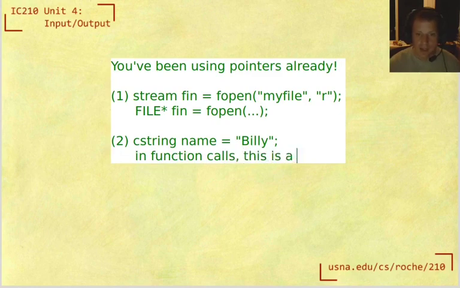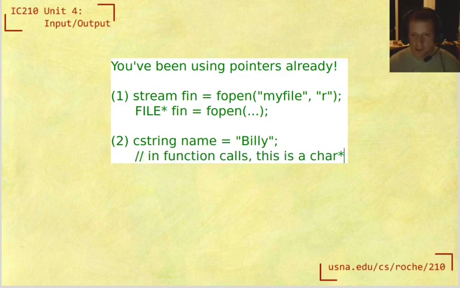This is a char star. Why does that make sense? Char star means a pointer to a character, and as we'll see, this is actually an array, which we'll learn about in a couple weeks. When we call functions, it passes a pointer to this string, which is actually a list of characters. That's why you get a pointer to just the first one.